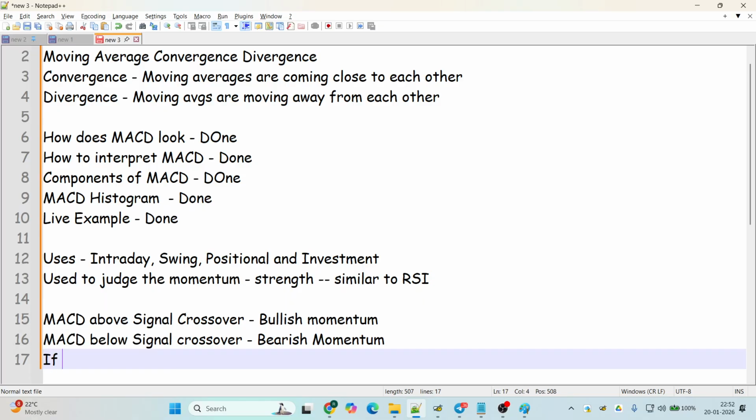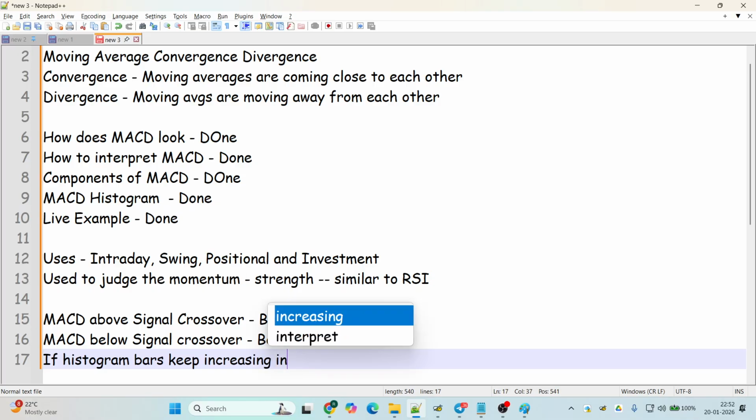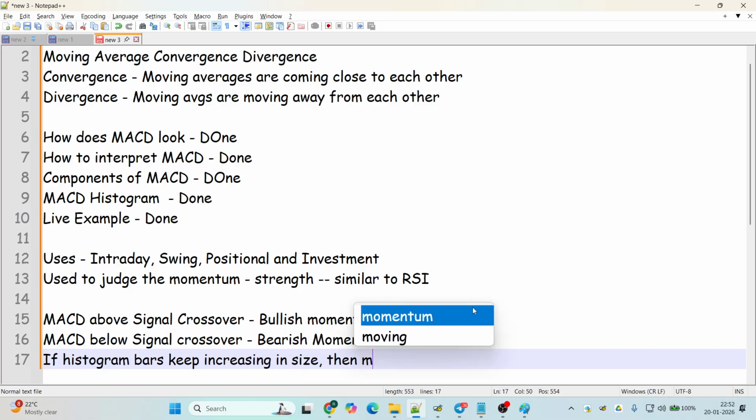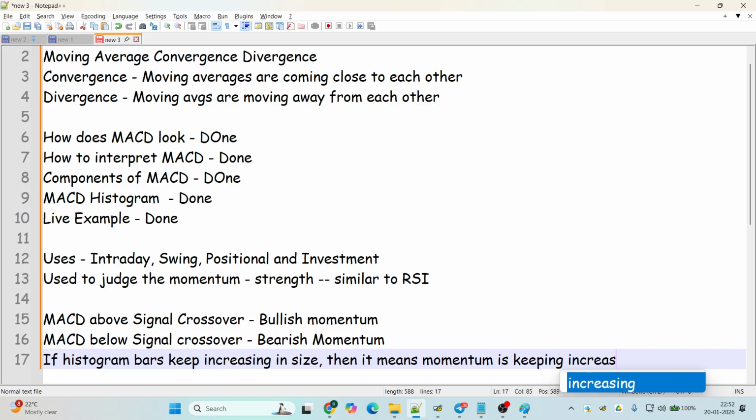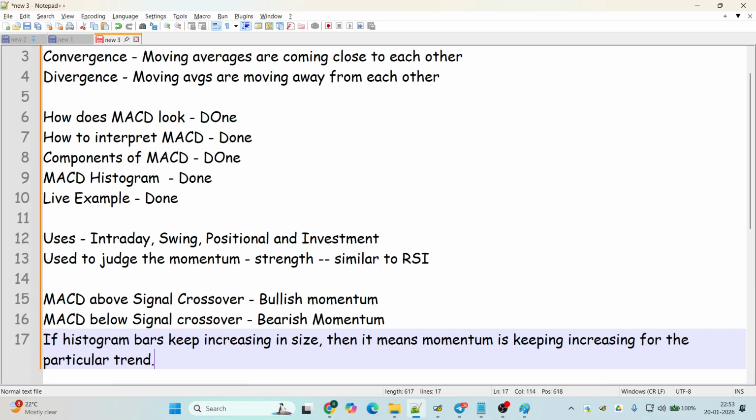If the histogram bars keep increasing in size, then it means momentum is increasing for the particular trend. Simple guys.